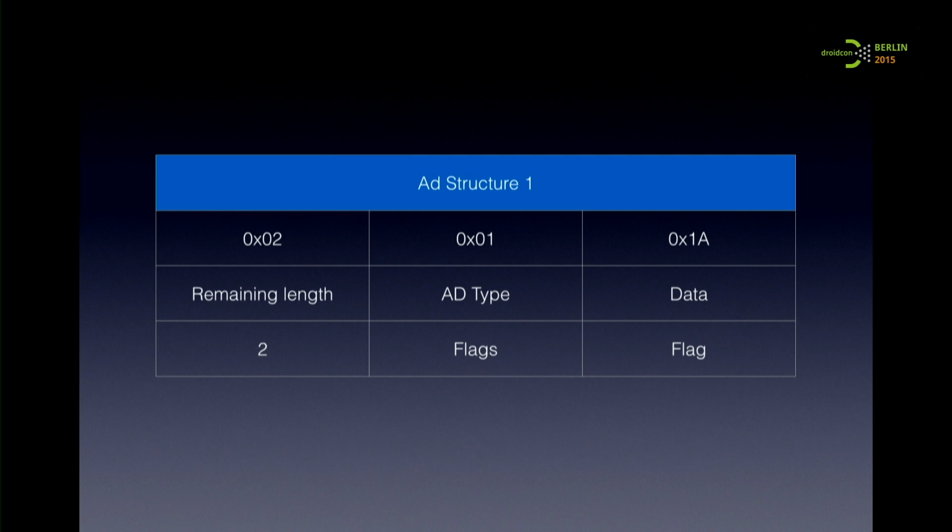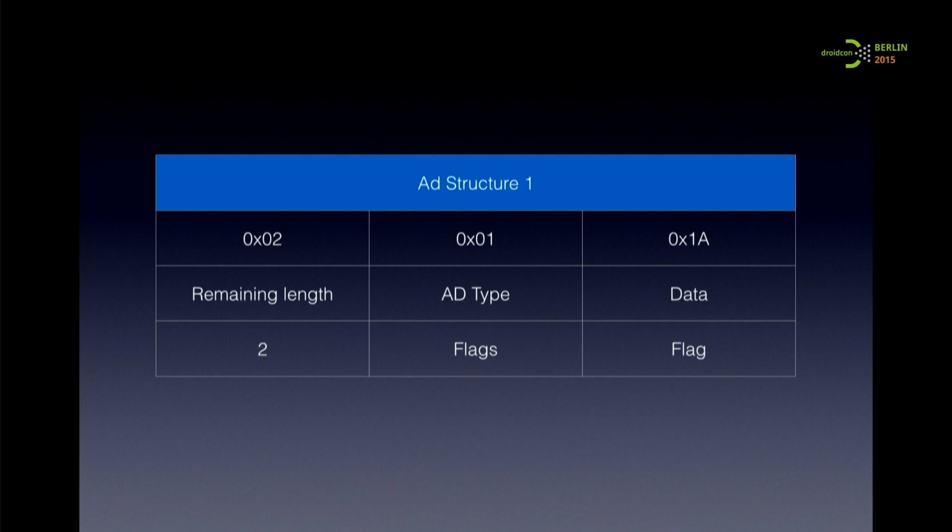It contains a little bit of information. So always the first byte indicates the remaining bytes. So for advertisement data structure 1, we have the first byte equal to 2, meaning 2 bytes remain.